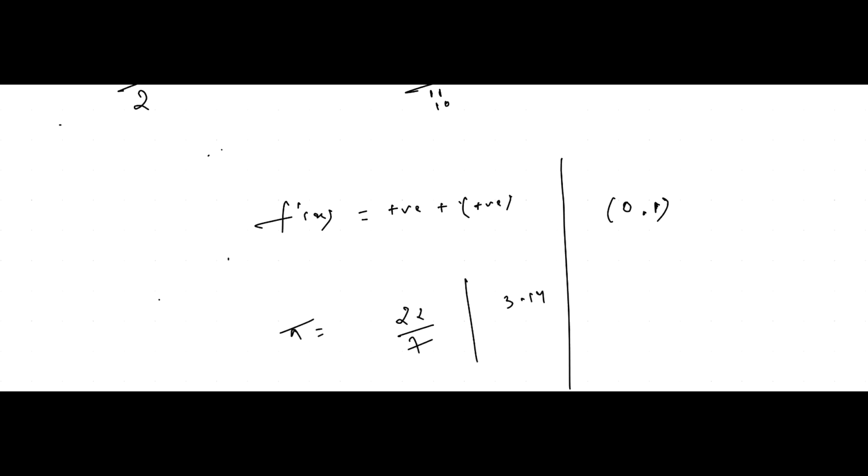But later on, we got to know that apart from degree, there is a unit for measuring angle, and that unit is called radian. 2 pi radian is equal to 360 degree.